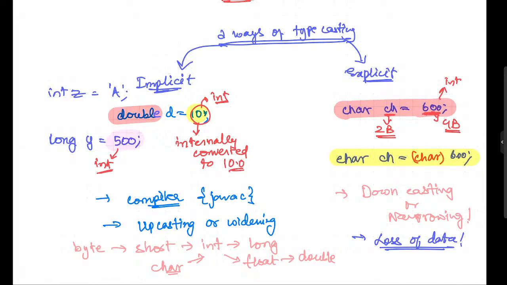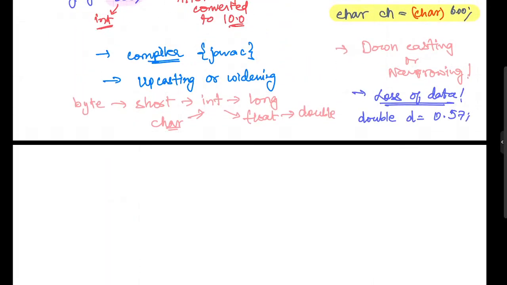So something like double d equal to 0.57. If I do double d equal to 0.57, and if I store it as int x equal to d, first of all, this is generally not possible.